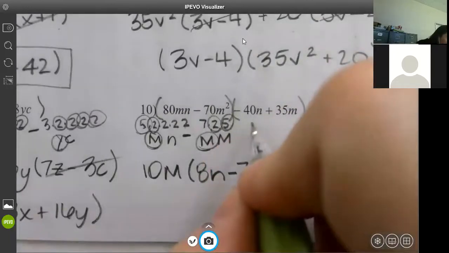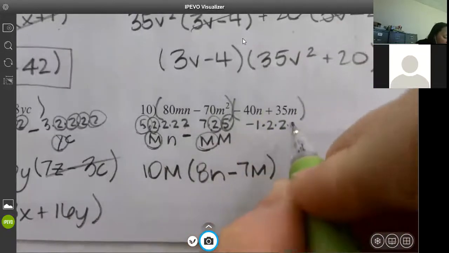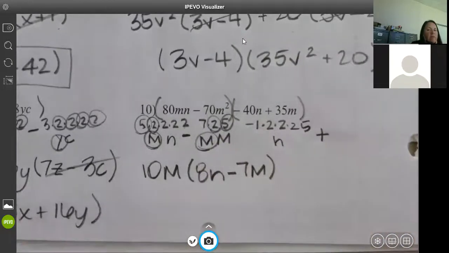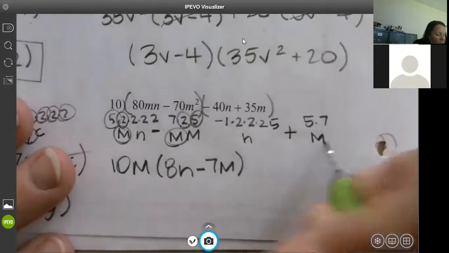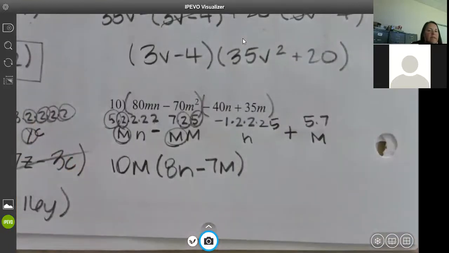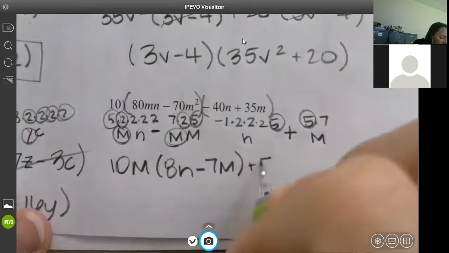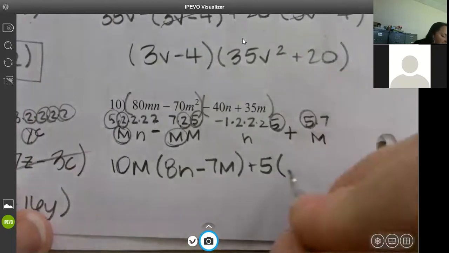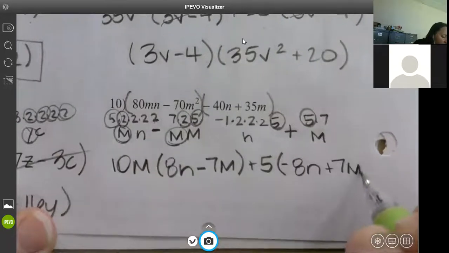Factors of -40: -1, 4 is 2 and 2, and 10 is 2 and 5, and an m. We have plus 35 is 5 and 7, and an m. What do they have in common? A 5. So it's a positive 5. But when I look at what I left, I have a -1 and 3 2s, which makes a -8m and a plus 7m.